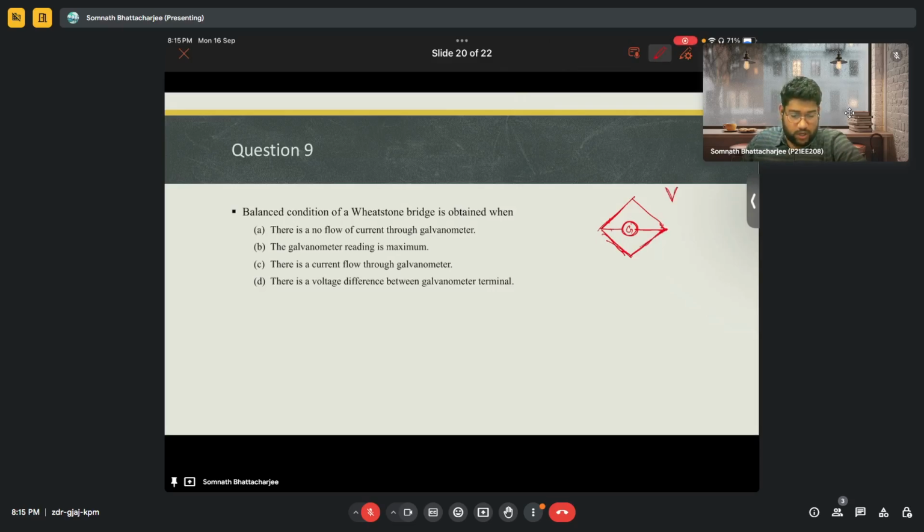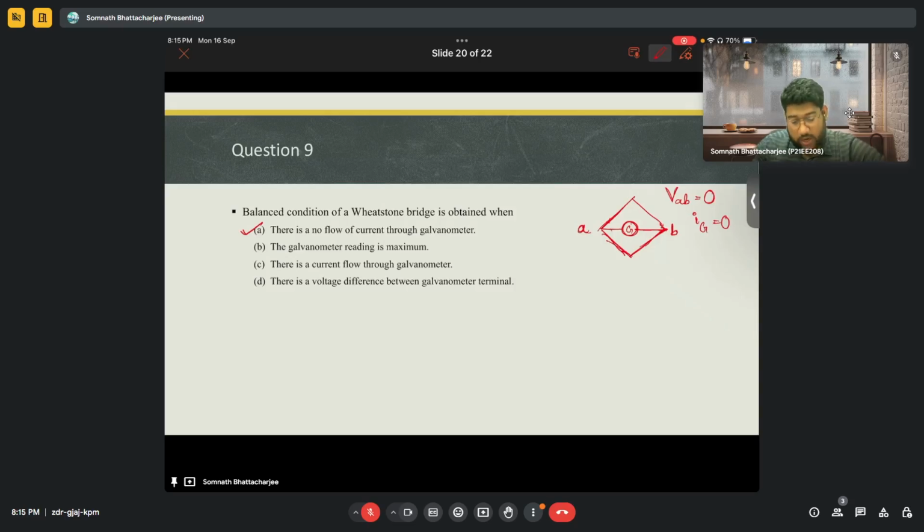Obviously, as we were aiming for VAB equals 0, this is the A point and this is the B point. If there is no voltage in between, the current IG should also be 0, right? So this one is true.